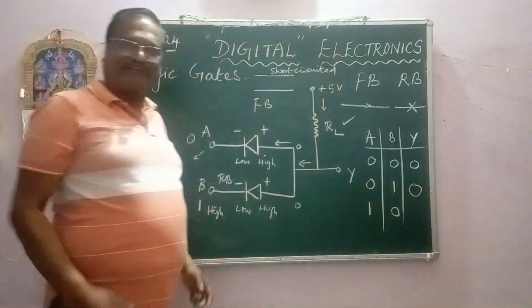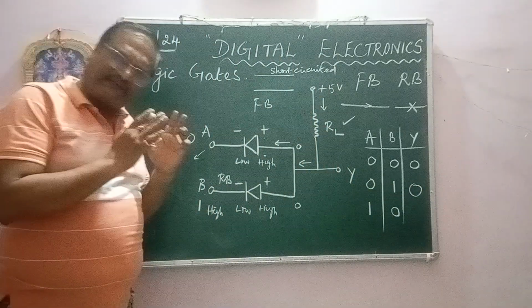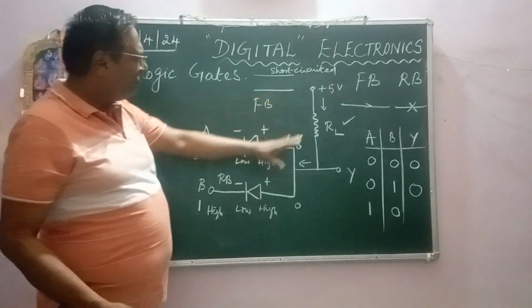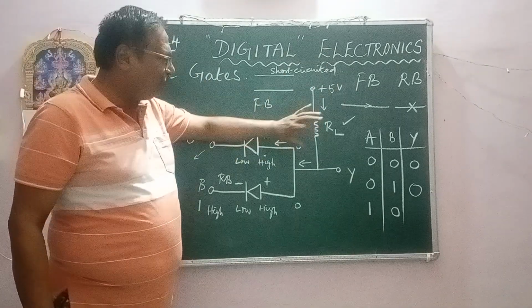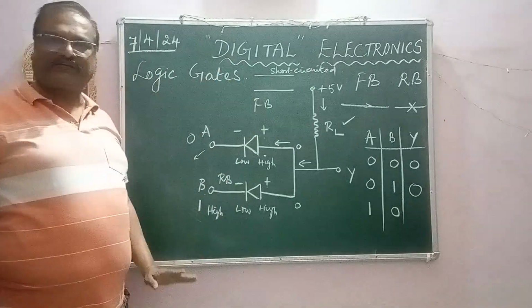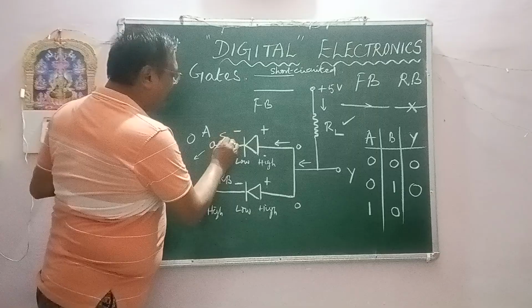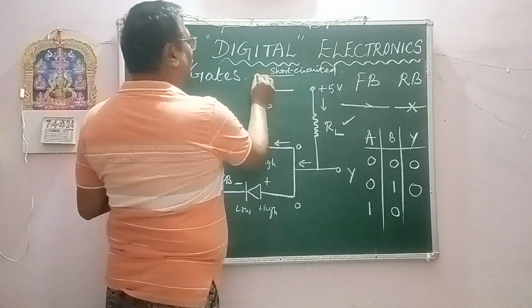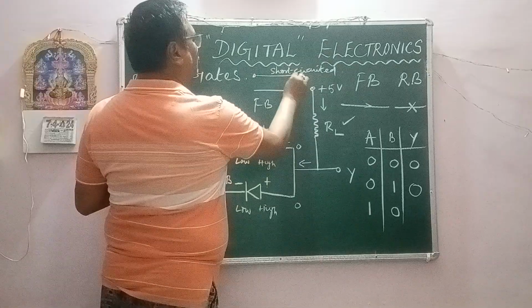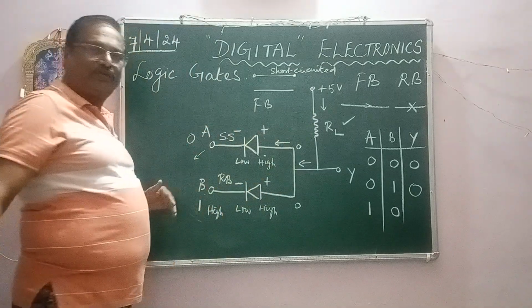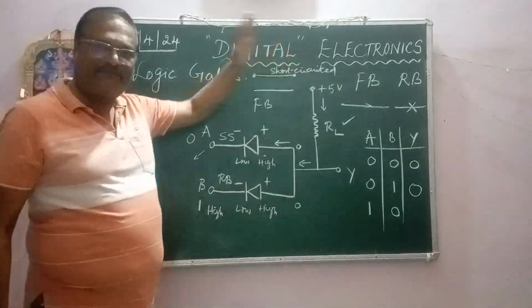Again, my dear students, I would like to explain it so you understand a little better. Here plus 5 is there, the load resistor is there, and the plus 5 is coming. It's short circuited. Short circuited means no current will flow through because the potential here is low, this is also low, so there is no current flowing.